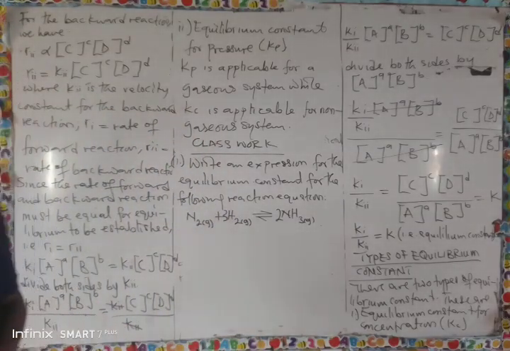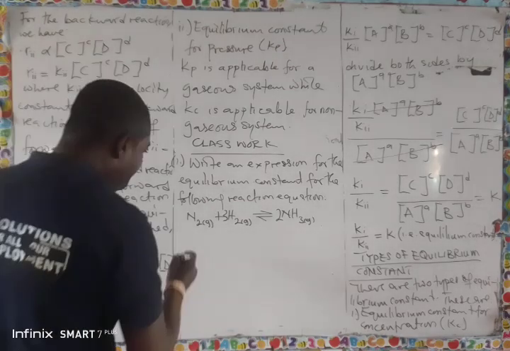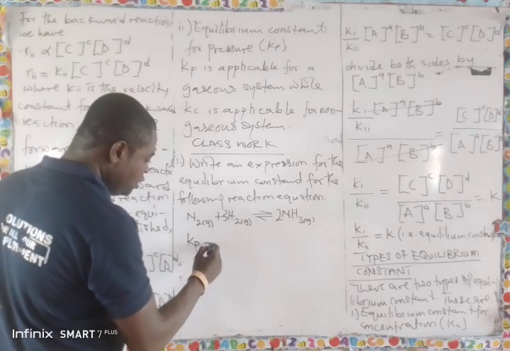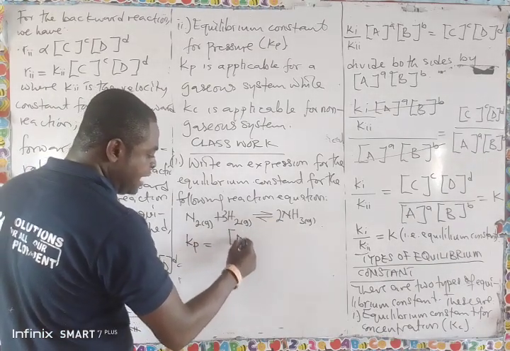This is what we do. Something that must come to your mind is, what type of system is this one? Gaseous system. What type of equilibrium constant are you looking for? Kp. And it must be product over reactant. Product over what? Reactant. I will now say Kp will be equal to, what is my product? This. I will have NH3.